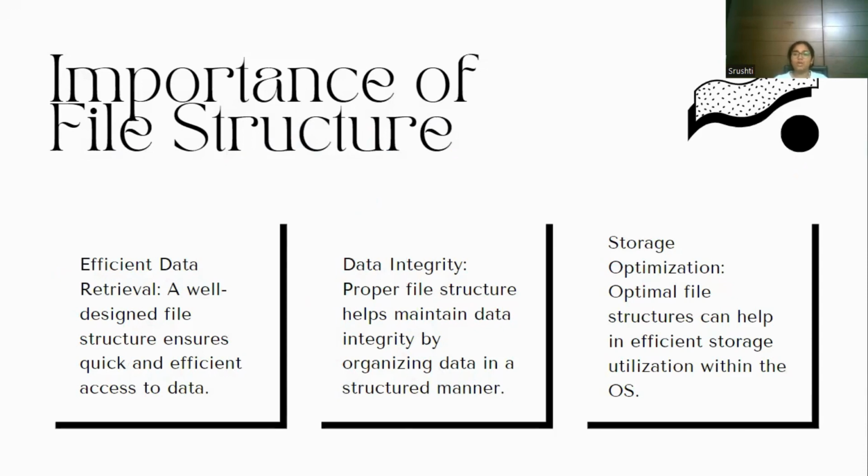Third one is storage optimization. Optimal file structures can help in efficient storage utilization within the operating system. So, efficient data retrieval, data integrity, and storage optimization are some of the importance of why file structure should be present in an operating system.